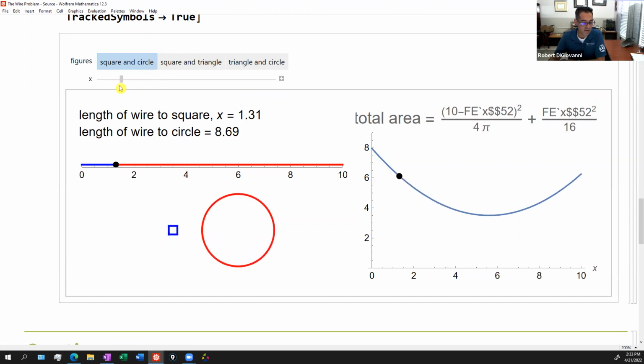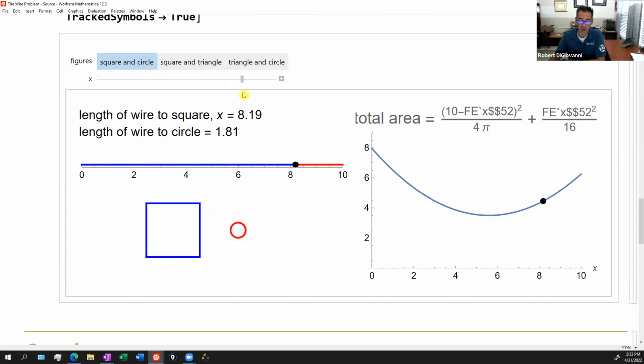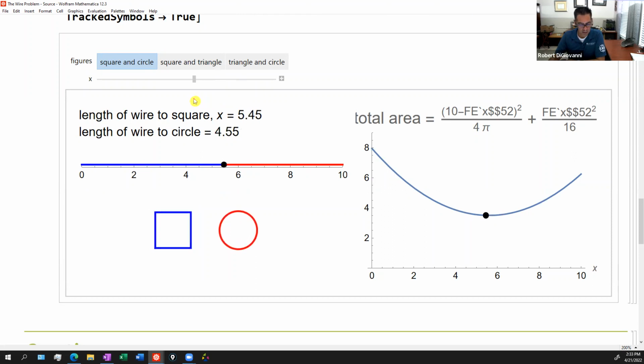If we cut it really close to 0, we're gonna have a small square, a big circle. If I cut it further down this way, I'm a bigger square, smaller circle, right? What we found is that at 5.602, somewhere around here, we have a critical number.